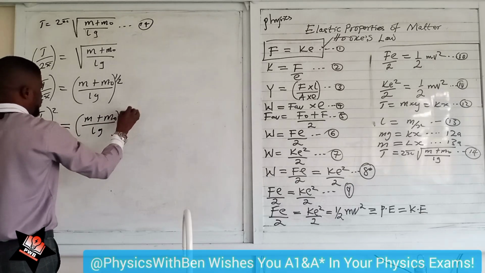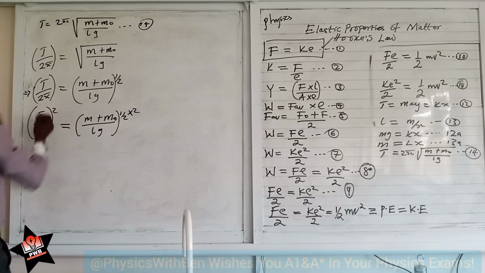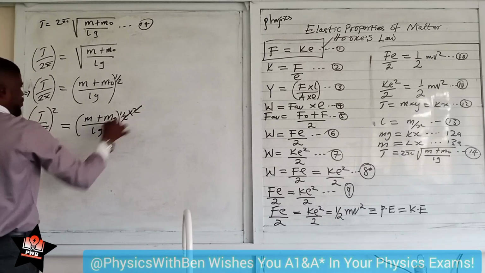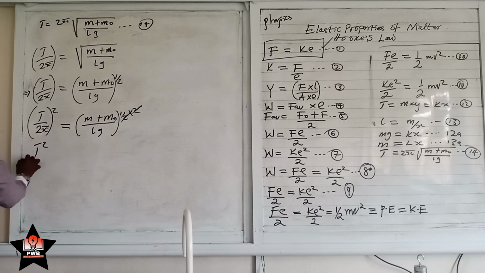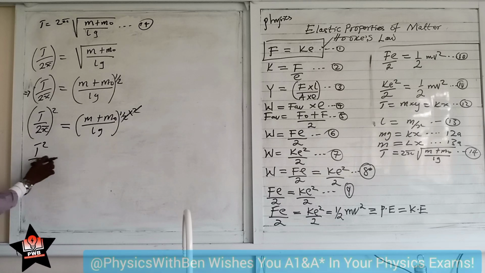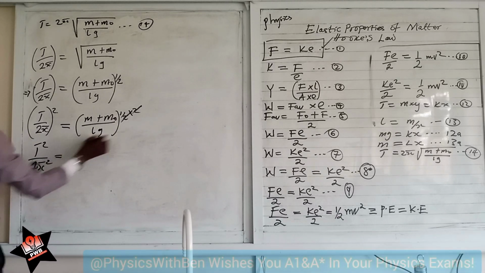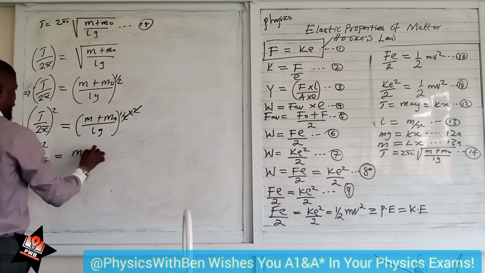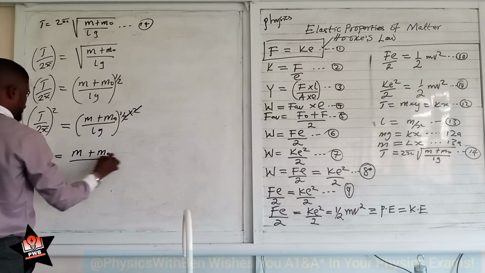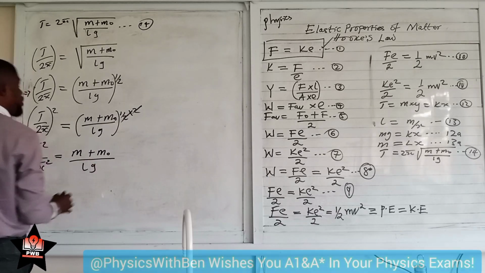So this becomes T squared all over 4π squared is equal to (m plus m naught) divided by lg.